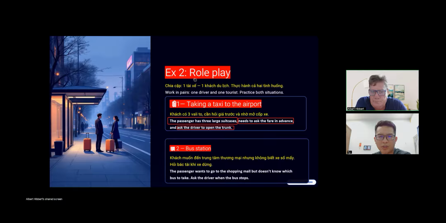I have 3 large suitcases. So what do you want me to do? Now you must ask me, can you open the trunk, please? Or can you open the boot? Can you open the trunk? Yes. And then I get out of the car, I open the trunk, and I put your bags into the trunk. Yeah, thank you. Okay.